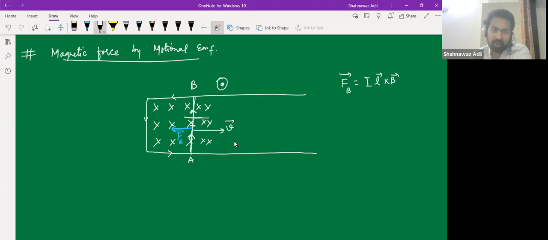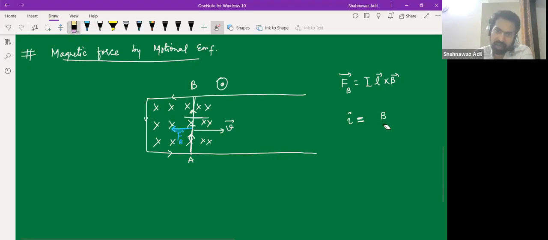So if I want to have a constant velocity, this is pulling me in this left direction. But I want this velocity to be constant. Why? Because my current is what? My current is minus BLV.